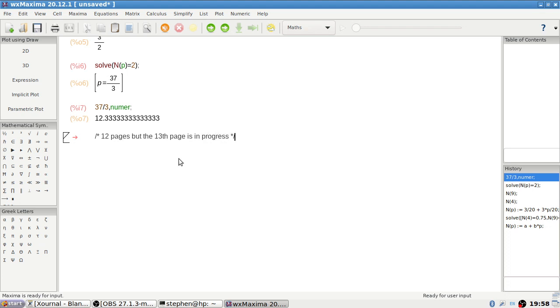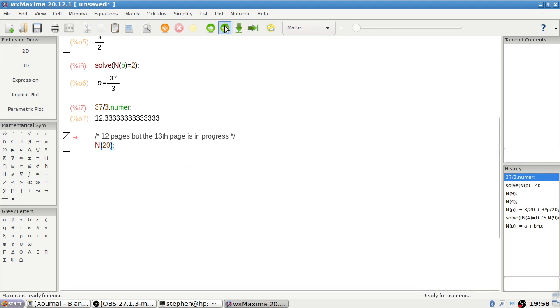Okay. And use part A to determine how long it would take to type a 20-page assignment. Well, let's just enter 20. So, yeah, perhaps like 3 and a bit hours or something.